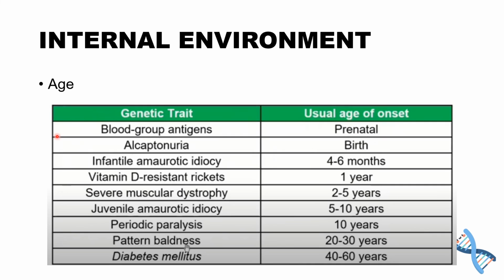Then age, which is now part of the internal environment. Age has an influence, since there are specific ages at which certain phenotypes are expressed. Mostly the phenotypes expressed are diseases. For example, alkaptonuria is expressed upon birth.